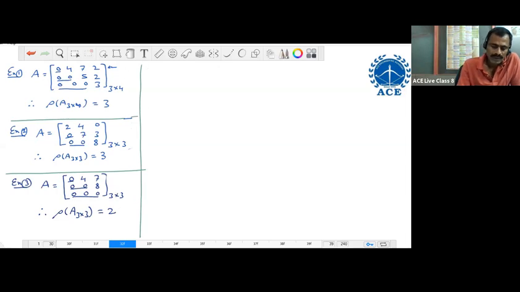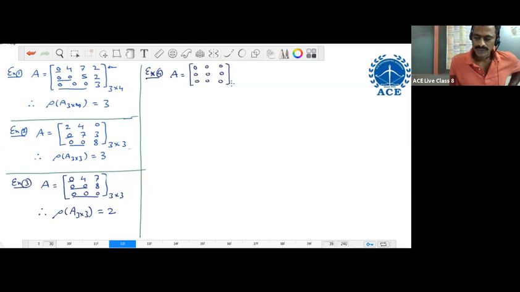Next, example number 4. A equal to 0, 0, 0, 0, 0, 0, 0, 0, 0. A 3 by 3 matrix.